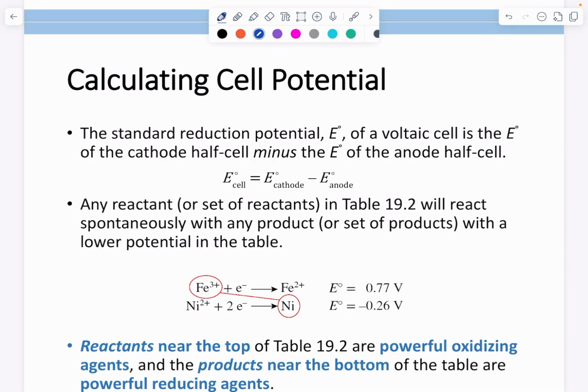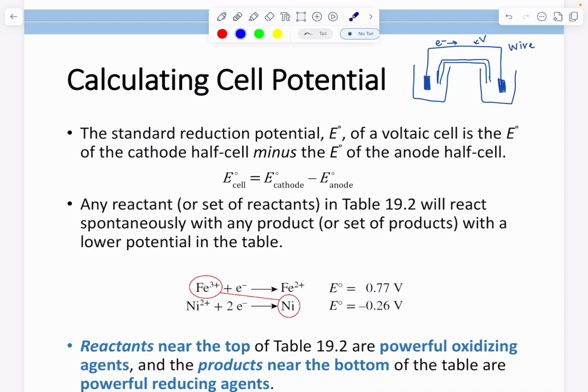To calculate the cell potential, here's another drawing so we can visualize this a little better. This is the wire, and we're calculating the voltage on that wire from the movement of electrons through it. We have the anode, the cathode, and then the salt bridge, but really we're calculating how much voltage can be supplied with different substances, different half-cell reactions.